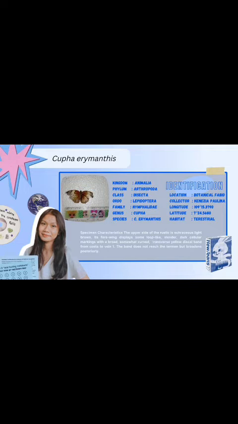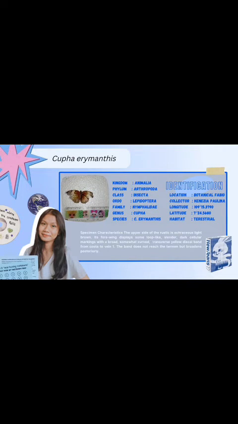In Cupha erymanthis, there is no significant difference between males and females. The upper side is light brown, and its forewing displays slender, dark cellular markings with a broad and somewhat curved transverse yellow discal band from costa to vent. The band does not reach the termen but broadens posteriorly.